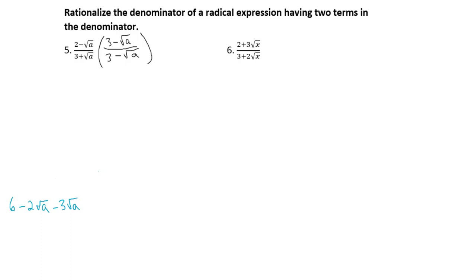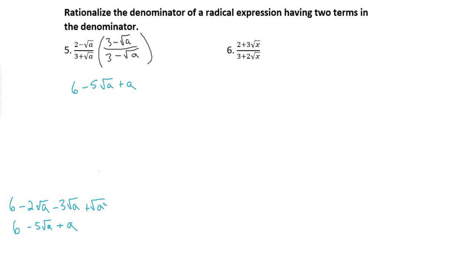And negative square root of a times negative square root of a would give me plus square root of a squared. Now we can simplify this. 6 stays 6. Negative 2 square root of a and negative 3 square root of a give me negative 5 square root of a. And square root of a squared is a. So we can rewrite that as 6 minus 5 square root of a plus a.